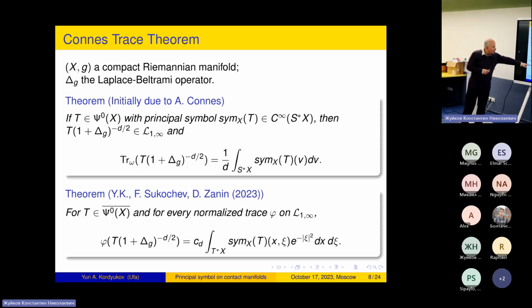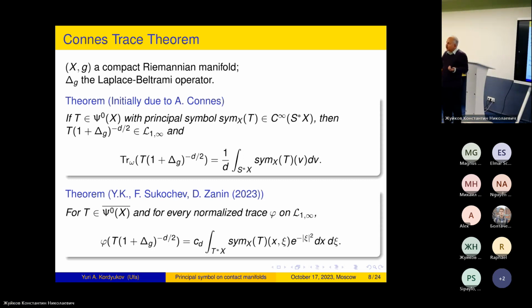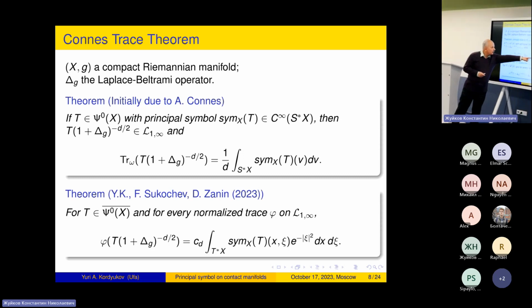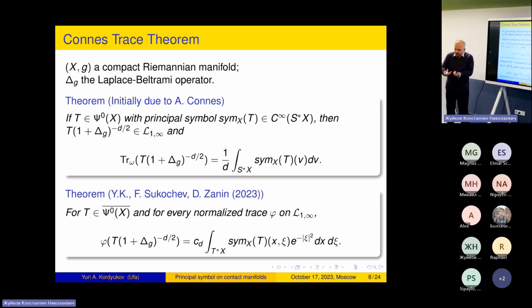Then we take any operator, not only a pseudo-differential operator, but also an operator from the closure of pseudo-differential operators. And then it's really more convenient to write this, and I am writing it for the future. Instead of integrating with respect to the cosphere bundle, we integrate over the cotangent bundle, but we put some Gaussian exponent there. It's clear that if we integrate the Gaussian exponent along the fiber, we really get the Riemannian volume dV.